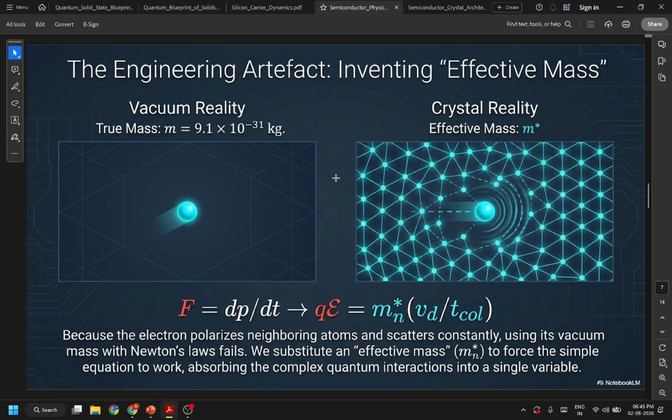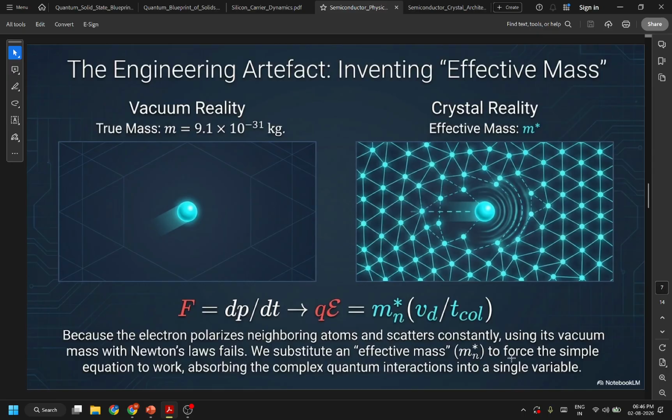Now we come to effective mass. So in vacuum, the force is applied on the true mass, which is 9.1 times 10 power minus 31 kg. But in a crystal, due to the constant effect of potentials of nuclei, the electron does not appear to have its true mass. It in fact appears to have an effective mass, which is m star. Because the electron polarizes neighboring atoms and scatters constantly, using its vacuum mass with Newton's laws will fail.